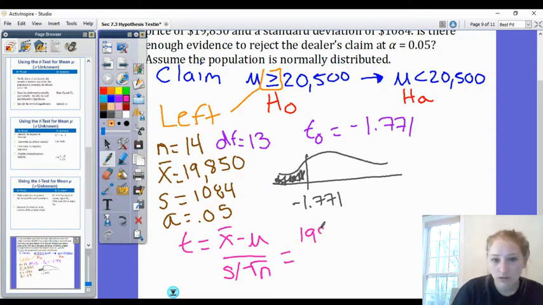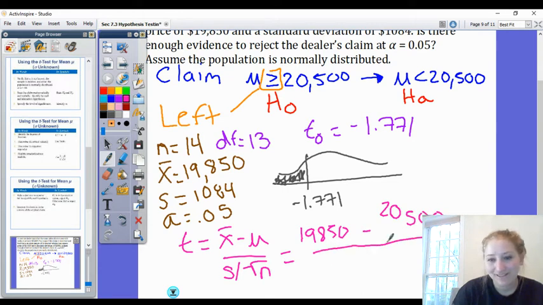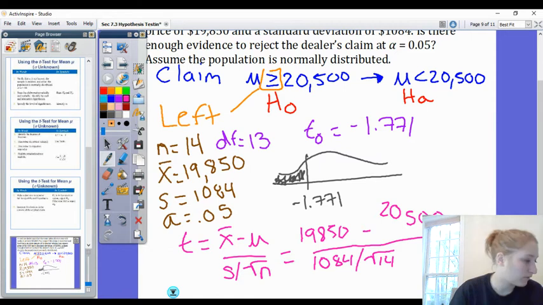So 19,850 minus 20,500, and divided by 1,084 over the square root of 14. If I do that, I'm going to get about negative 2.244. If I notice, that value is somewhere over here in the rejection region, so we're going to reject H naught.